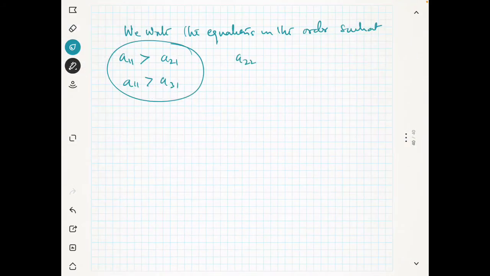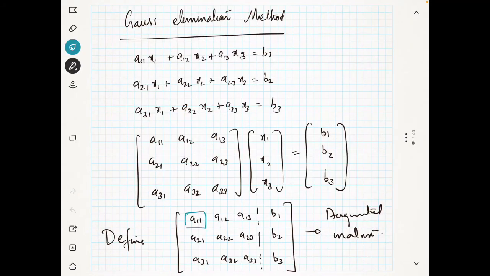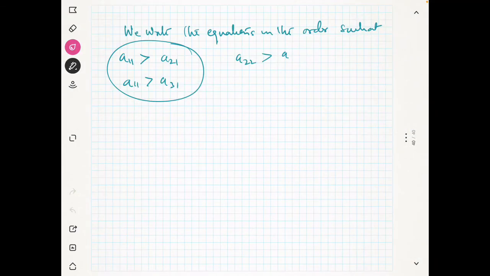A22 should be greater than the other elements in its column, A12 and A32.